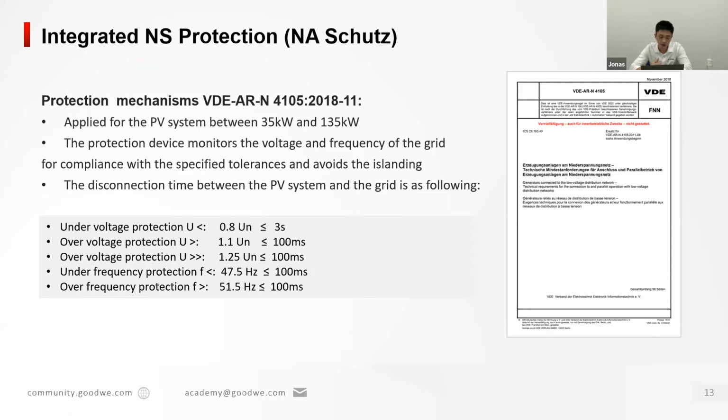The first one is a protection device that monitors the voltage and frequency of the grid. If there is any abnormality, the interface switch will disconnect the PV system from the grid within 100 milliseconds. Here is the detailed requirement of the standard.